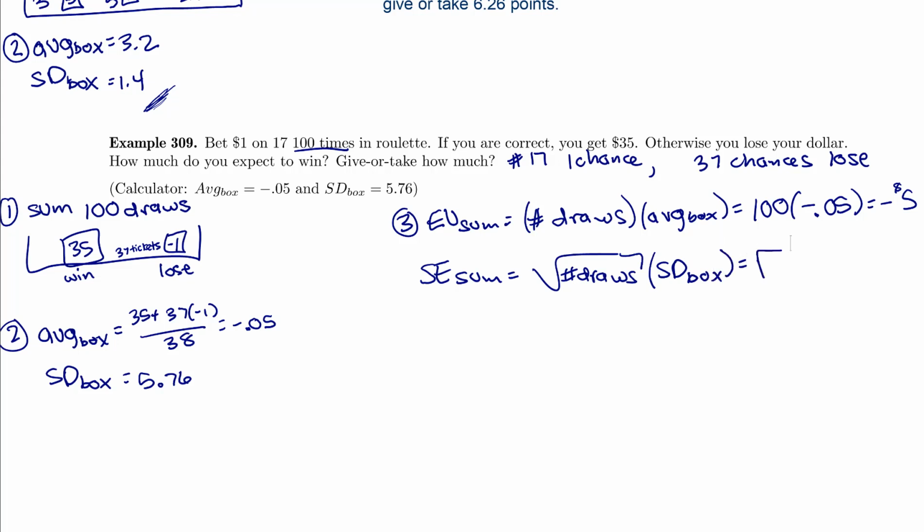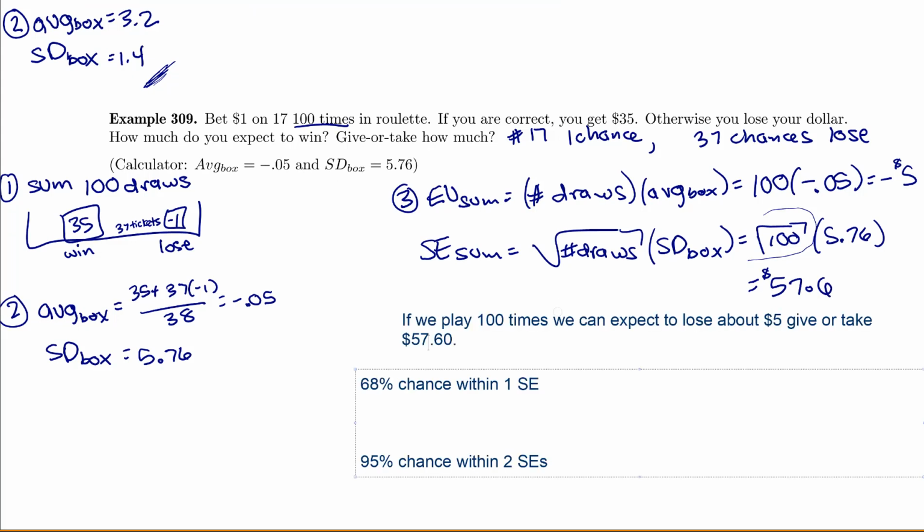So it's going to be the square root of 100 times the standard deviation of the box, 5.76. When I put it into my calculator, I make sure the square root only goes on the 100, not on the 5.76. This gives me 57.6. That is huge. So if we play 100 times, we can expect to lose about $5, give or take $57.60.